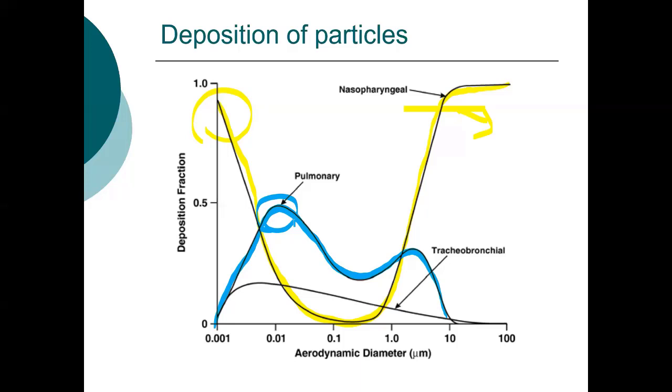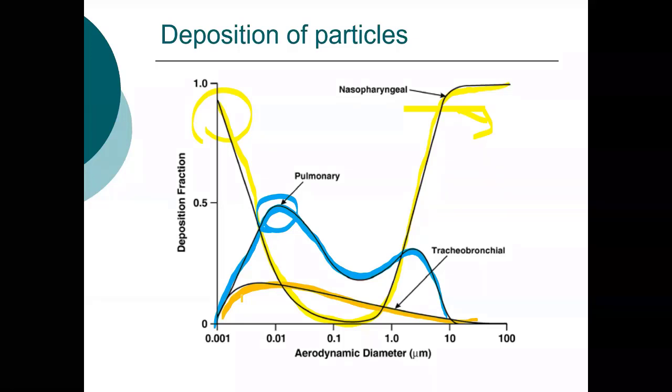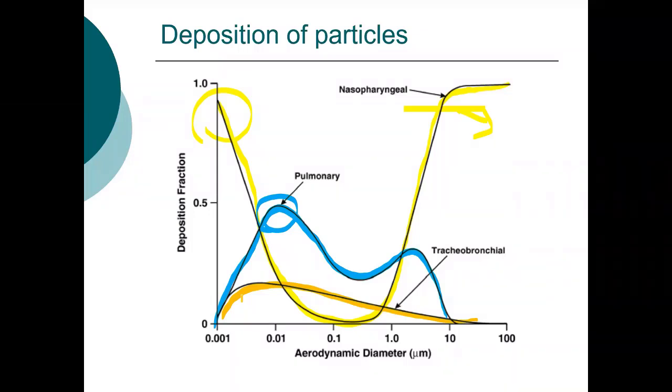And then lastly, we have the removal in the tracheobronchial region. So we're looking really at the upper respiratory system here. We use orange for that. And you can see that here we talked, for instance, of smaller particles being solubilized and moved into the nasal turbinates where they can then be removed.